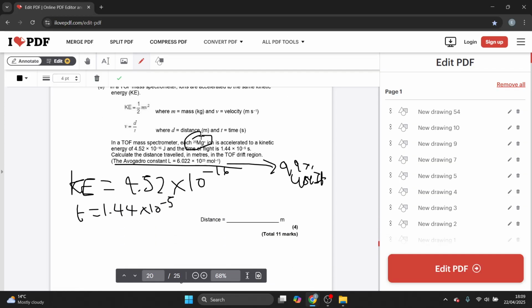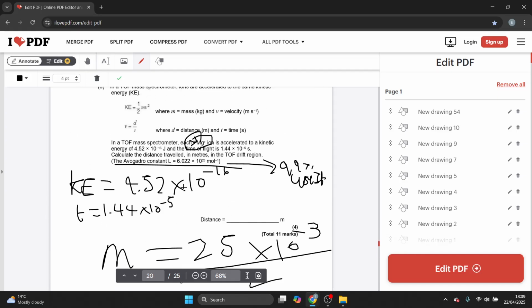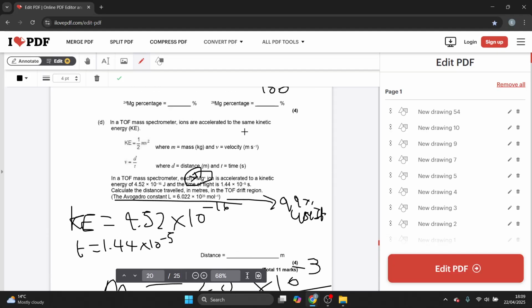If I just read the question properly, it would have given me that it's 25 Mg plus iron. Therefore, now it's easy. Now it's so easy. Just if I read the question properly, just before I said anything, there you go. That's the mass. Rearrange this equation. Oh, never mind. I already memorized it beforehand, which I recommend you guys do as well.